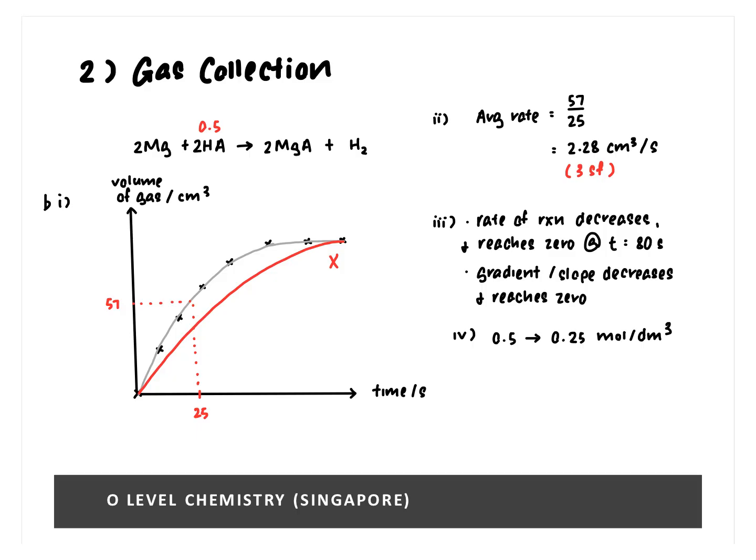The graph is quite easy to draw. You just need to draw a graph of a less steep gradient, and the question also says that the reaction is finished by 90 seconds, so the curve should level off at 90 seconds.